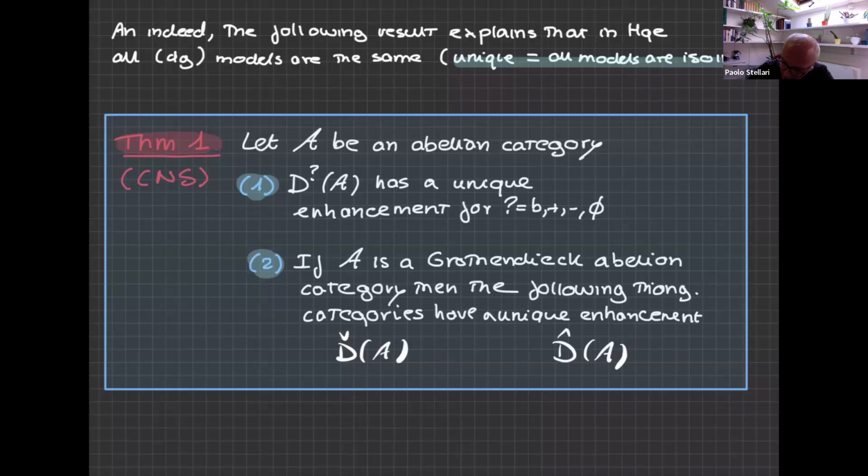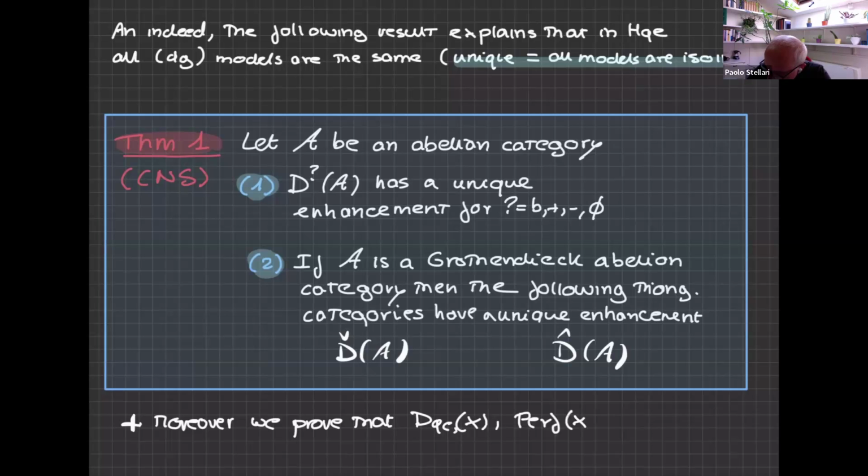And I should also add that we have an additional property: moreover, we prove that also DQC X and perf X have a unique enhancement.